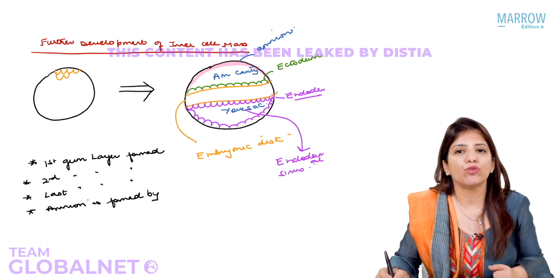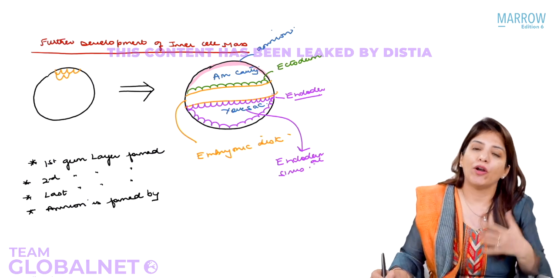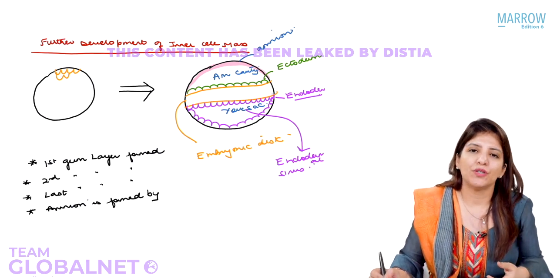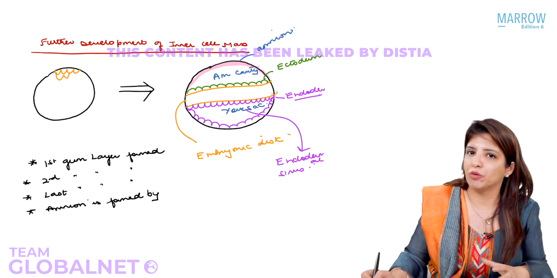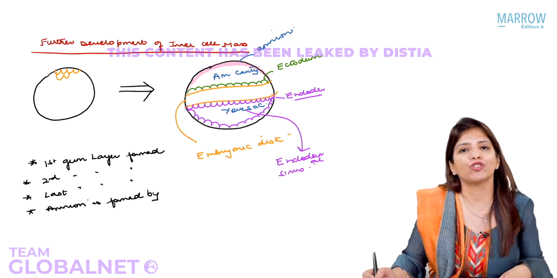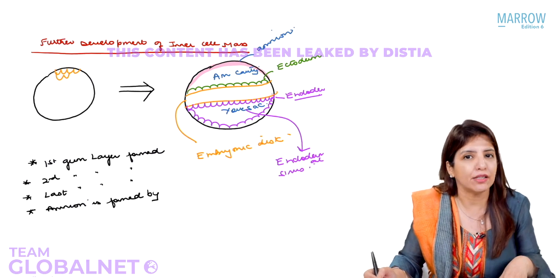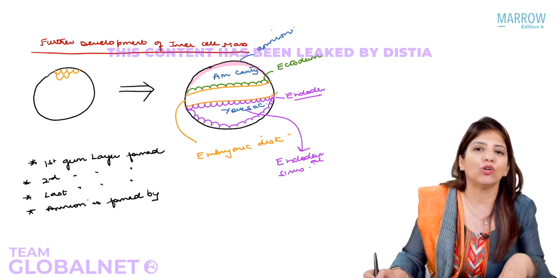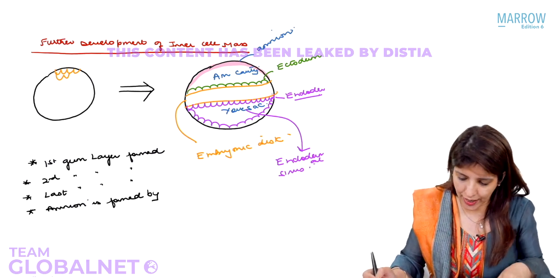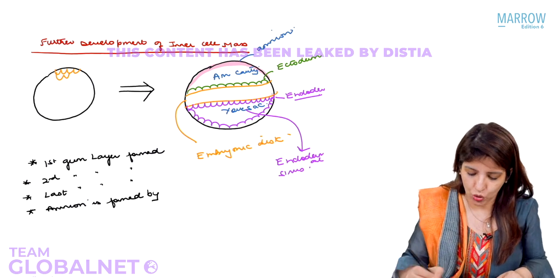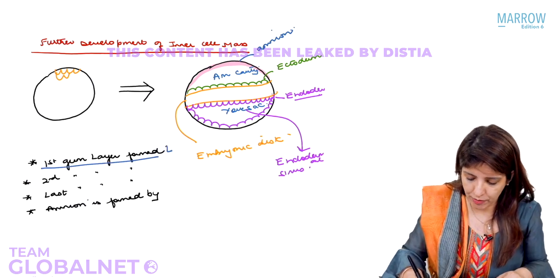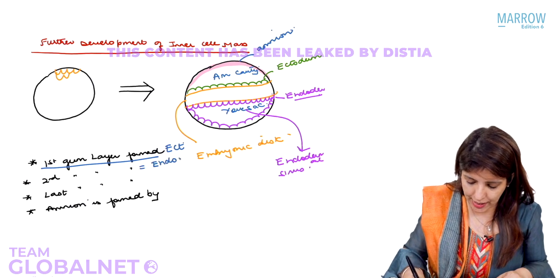So when we do ovarian tumors, one of the varieties is a yolk sac tumor. The other name for the yolk sac tumor is endodermal sinus tumor, because the other name for yolk sac is endodermal sinus, right? So the first germ layer to be formed is ectoderm. The second germ layer to be formed is endoderm.